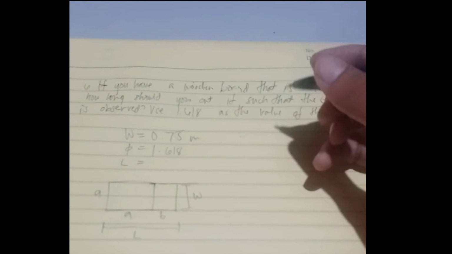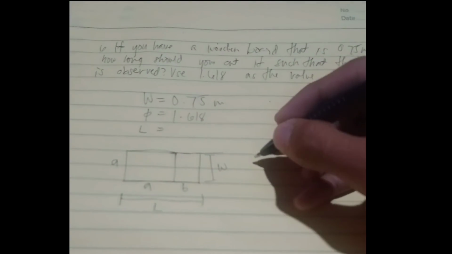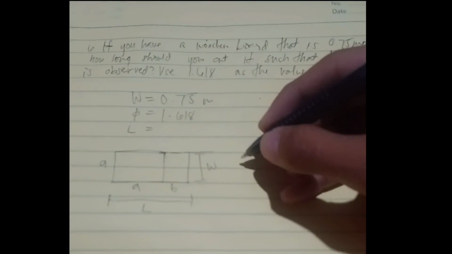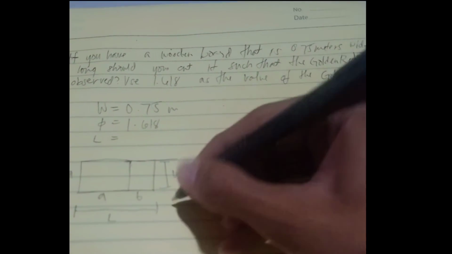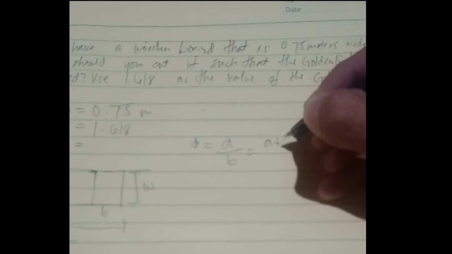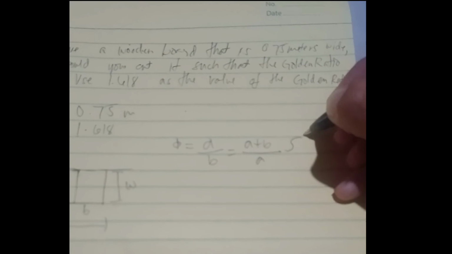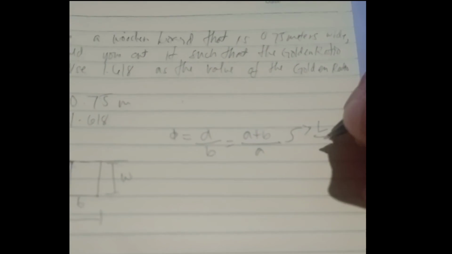So based on the formula I mentioned earlier, phi is equal to A plus B over A, which is the same as length over width.